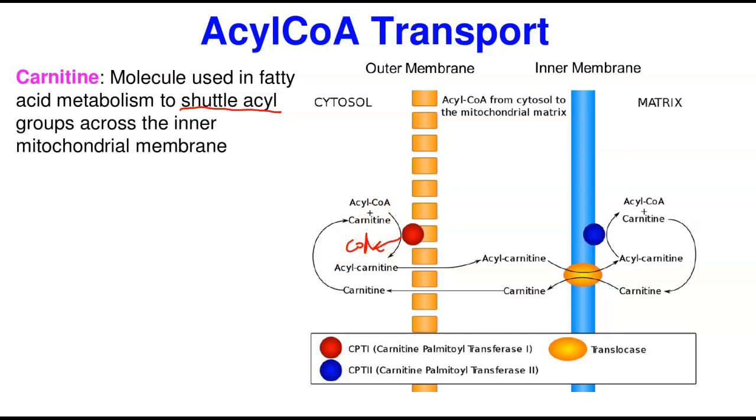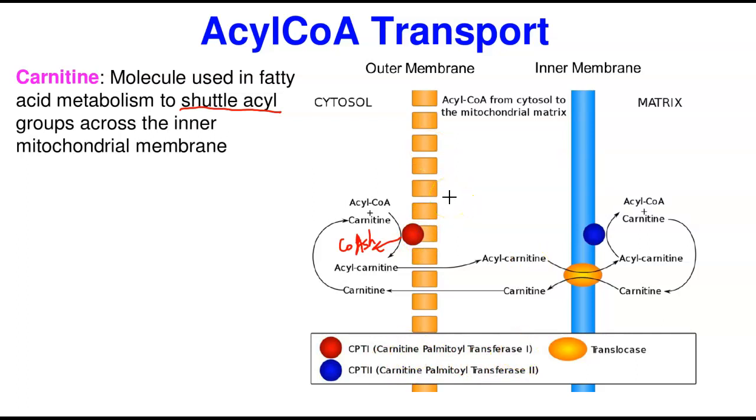Okay, let me draw that well. It loses the CoA molecule. So now it forms acyl-carnitine. The enzyme that catalyzes this is called carnitine palmitoyltransferase 1, CPT1.